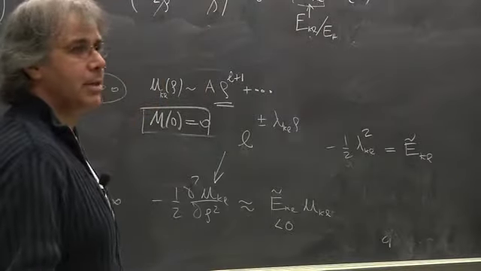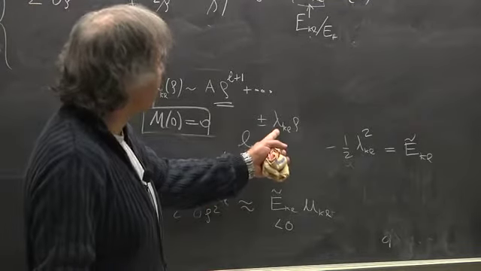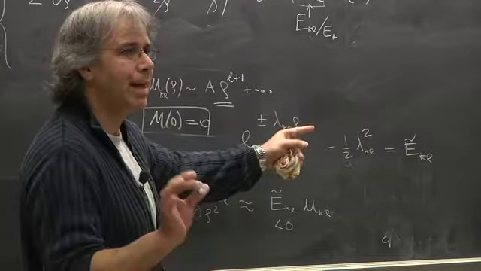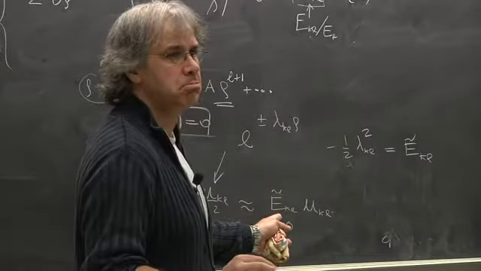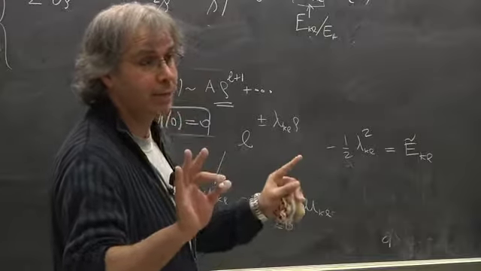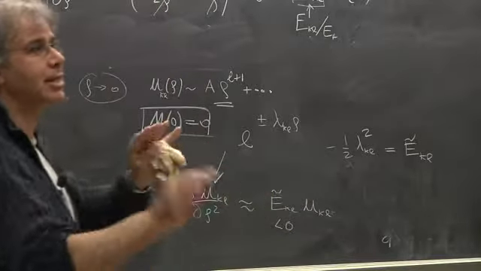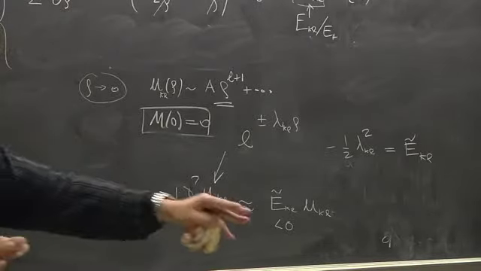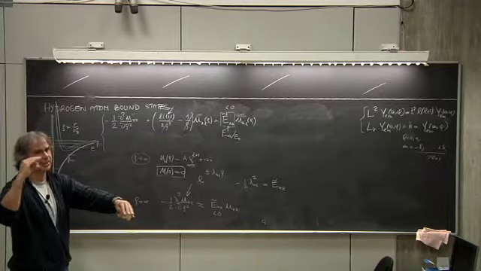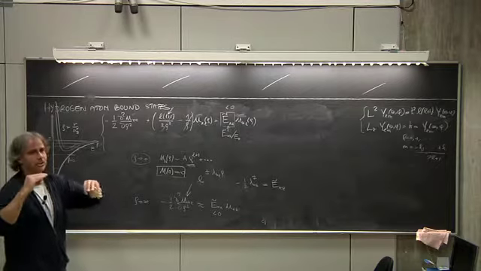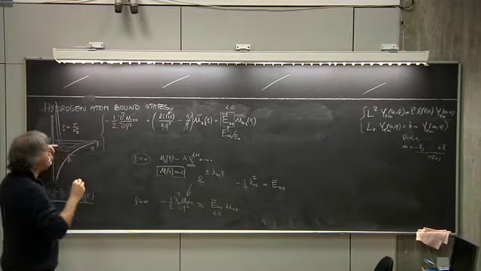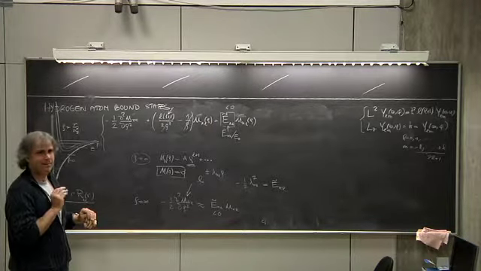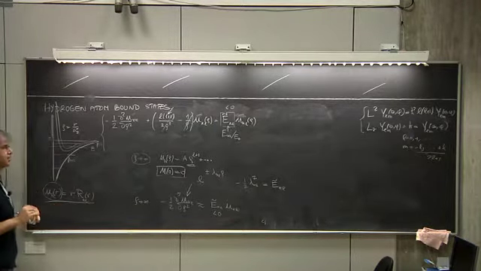Clear to everybody? So the way this function behaves for very large rho, it's commanded by the energy, which we don't know yet, okay? So the important thing is that they are related hand in hand, okay? Whatever the function does is signaled by the energy. And I have to find the right energy, okay? Remember, only some energies will satisfy our problem in the end, okay? The discrete bound state, okay?